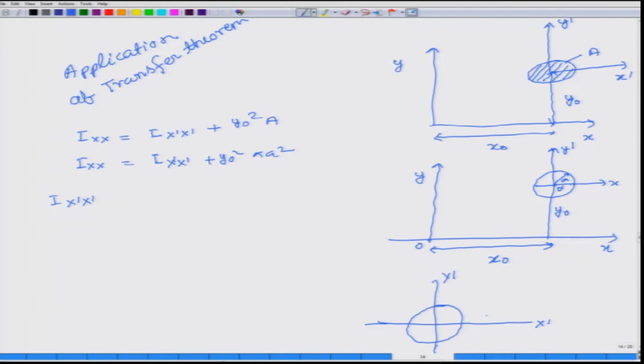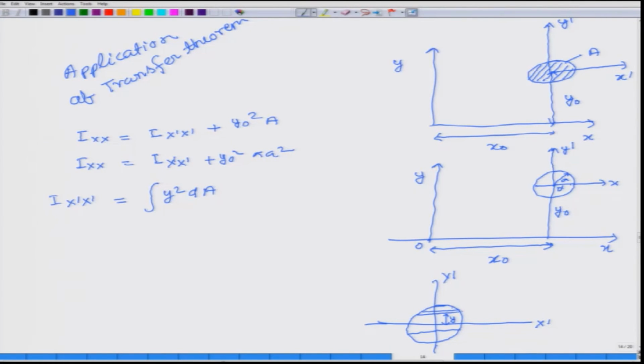So, to find out this moment, we will take a strip at a distance y, and by symmetry we can see the same, because what is the Ix'x'? Ix'x' is given by y square into dA.